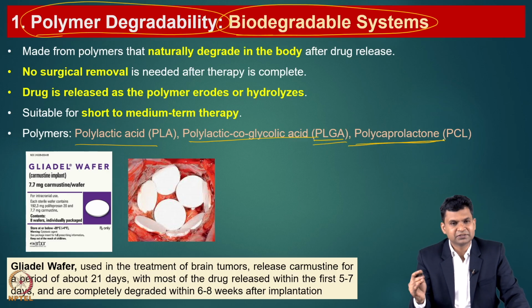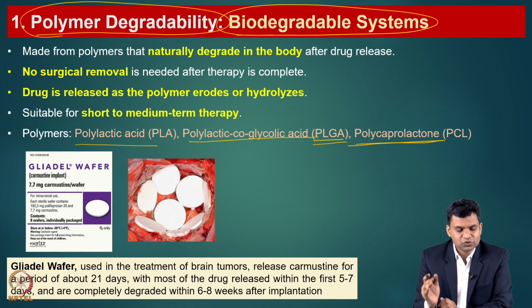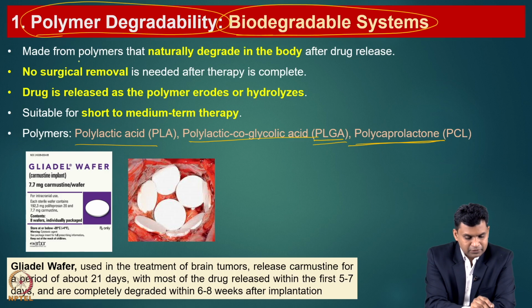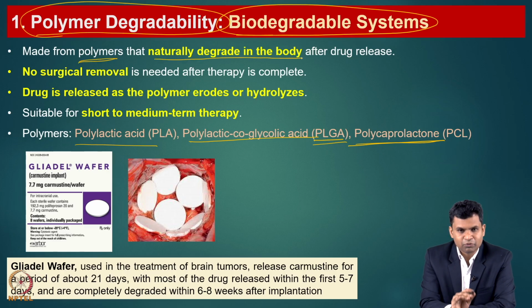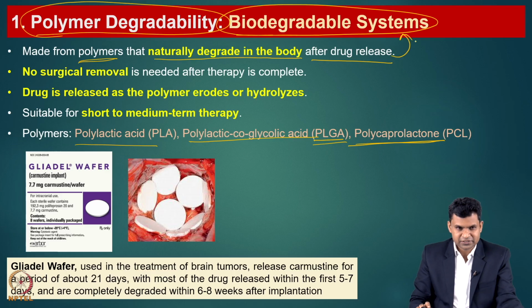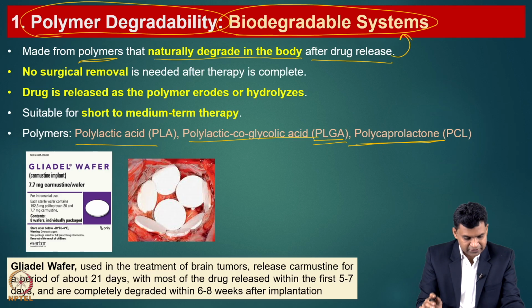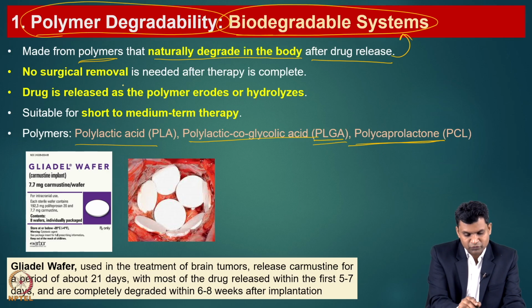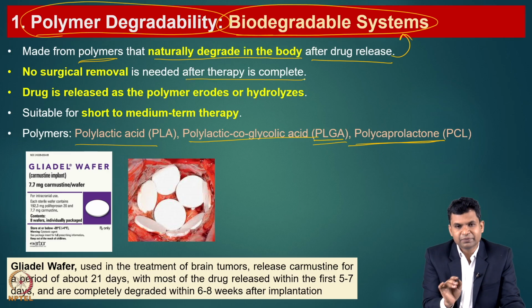We can also use other biodegradable polymers like polyanhydrides. These are made from polymers which naturally degrade in the body after the drug release, and are called biodegradable implant systems. No surgical removal is needed after the therapy is completed.